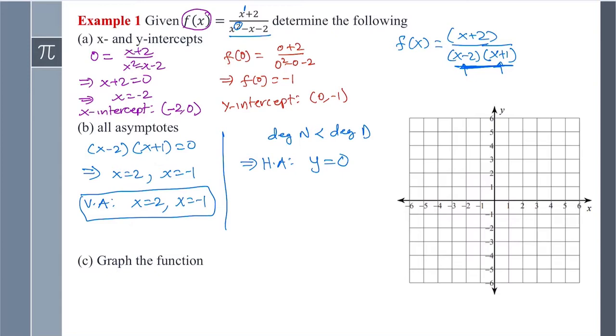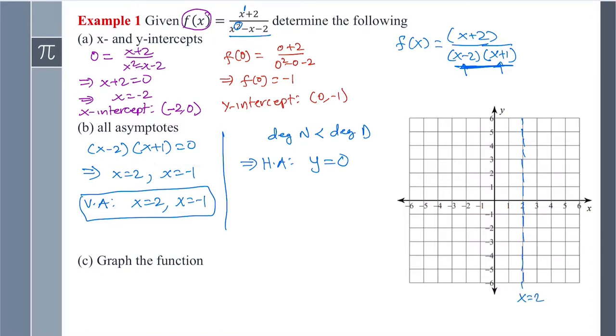Now let's go ahead and graph this function. So first we are going to put in our asymptotes. We have the vertical asymptotes of x equals 2 and x equals -1. So x equals 2 is this vertical line right here going through x equals 2.